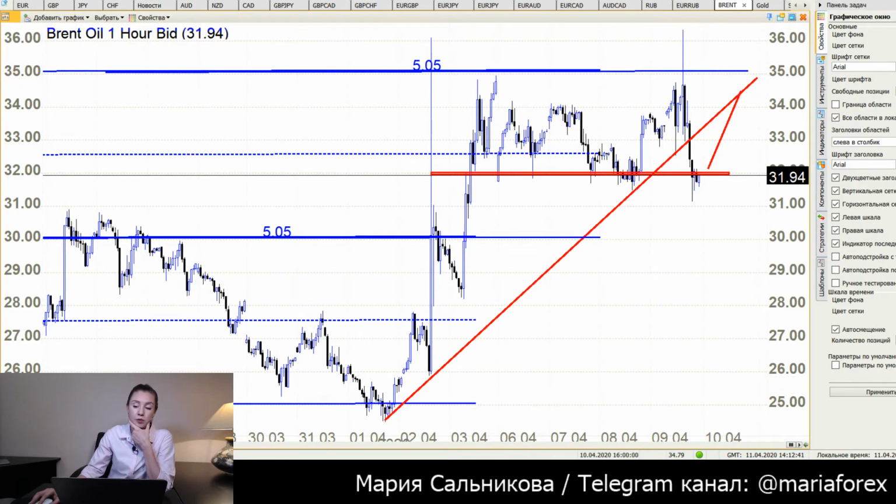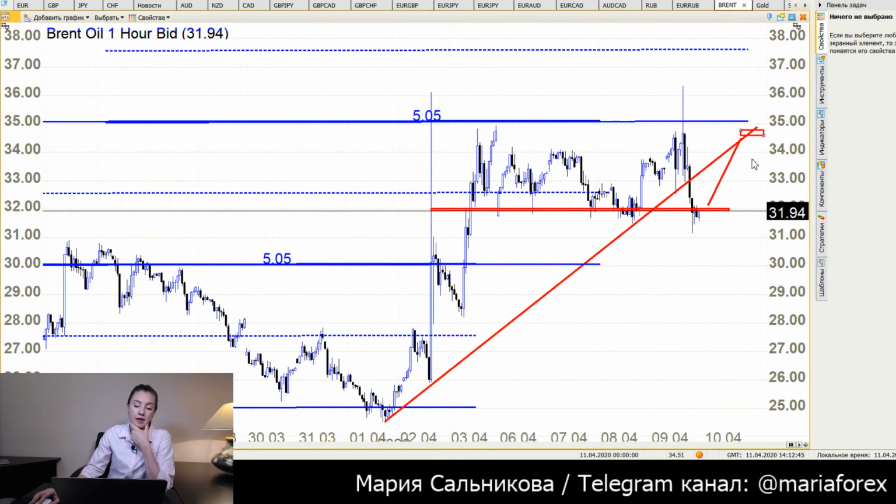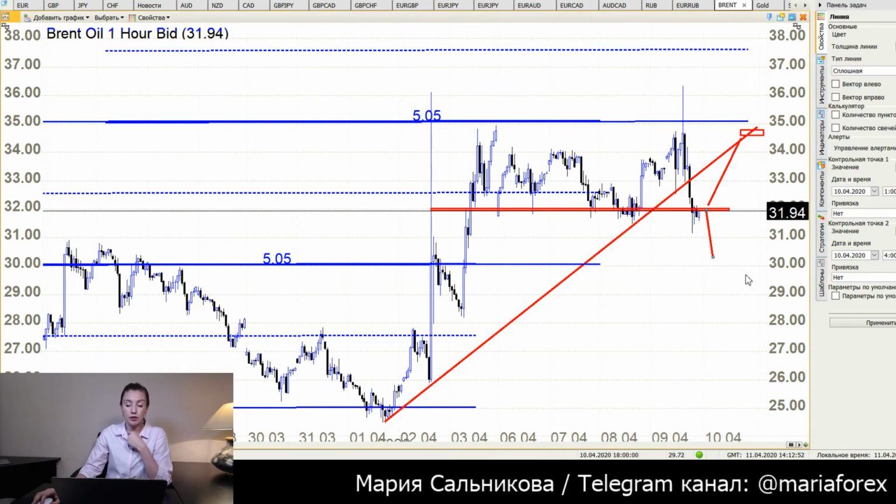From here, if it's all good, we see the moment to sell under 32. It is okay to sell with the target 30 on the 1 hour chart, but I'm not sure, because I had to discuss with my trader colleagues the situation, which level is more important, 30 or 31.